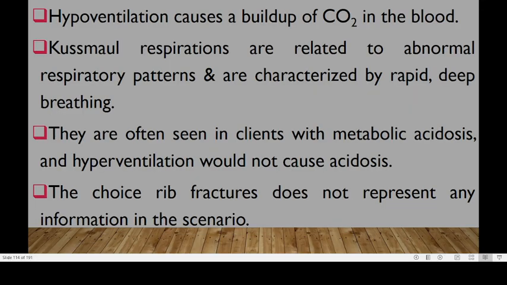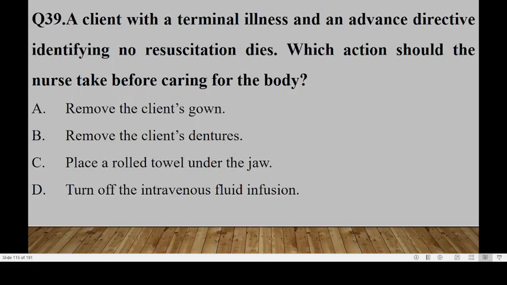So hypoventilation causes a build-up of CO2 in the blood. Kussmaul respirations are abnormal respiratory patterns characterized by rapid, deep breathing. They are often seen in clients with metabolic acidosis, and hyperventilating will not cause acidosis. The choice rib fractures does not represent any new information in this scenario.